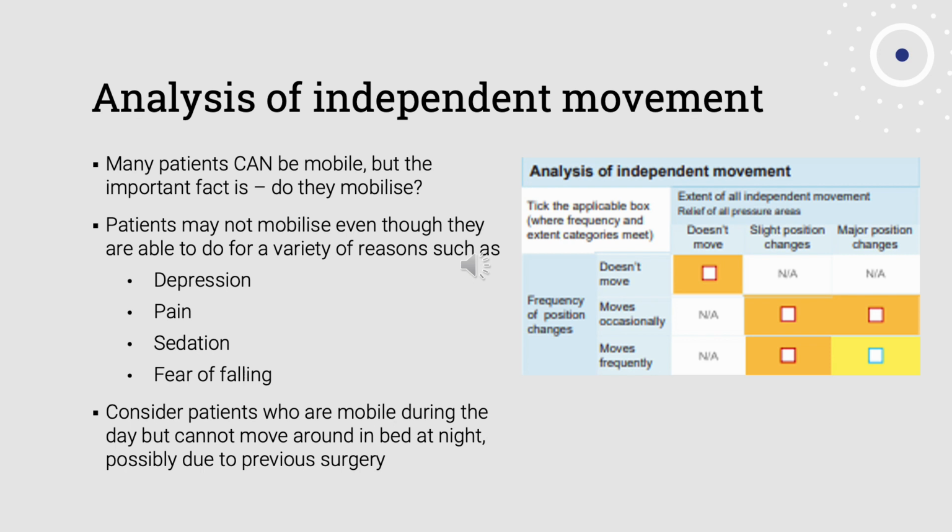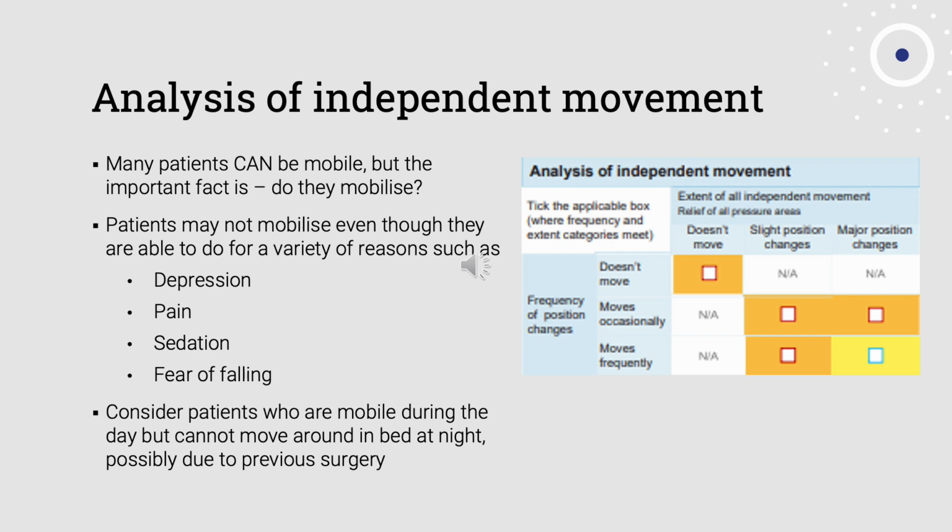An example would be a wheelchair patient who might readjust their position all the time, but just by leaning forward, leaning back, lifting themselves up for a few seconds. So that would be slight position changes, where major position changes would be mobilising or being physically repositioned.